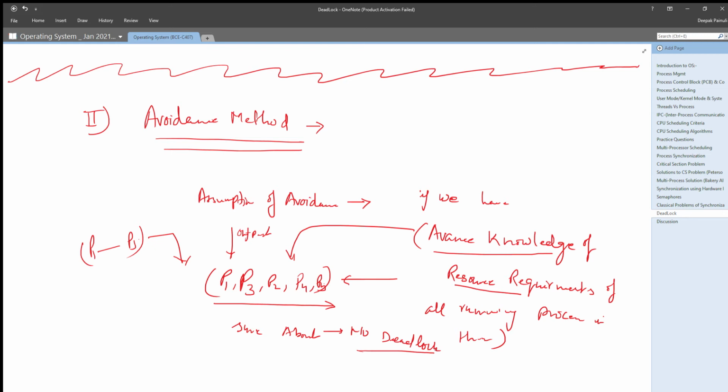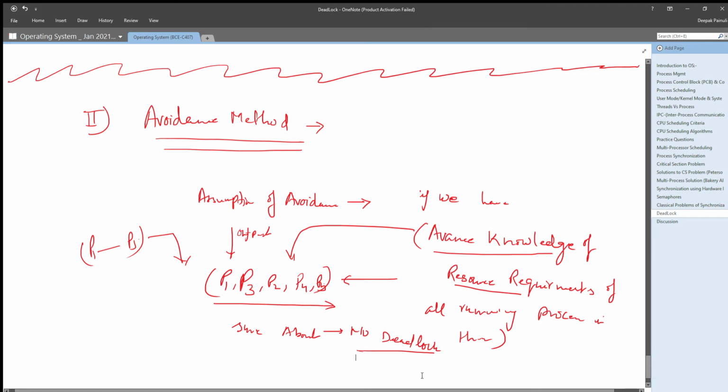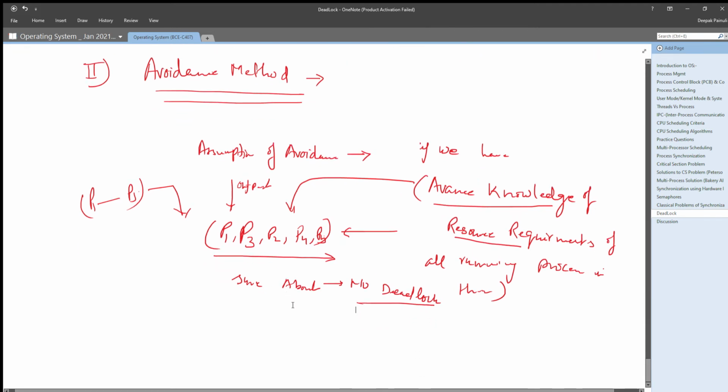So if we have any sequence which can make us sure that there will be no deadlock, that means we are simply avoiding a deadlock from happening in the system, right? So I think this is the basic fundamental of the deadlock avoidance method. It is clear, right?